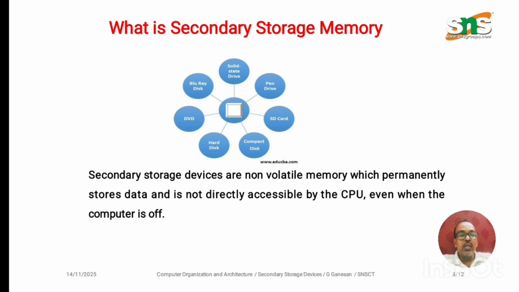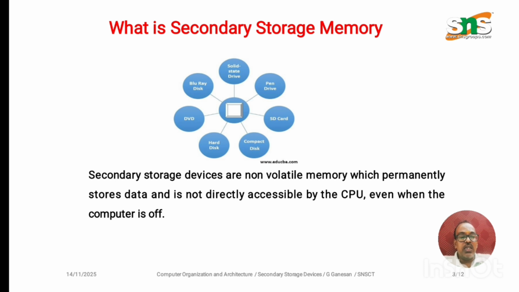Here in the secondary memory, these are non-volatile memory. What is meant by volatile? We can reuse it, we can read and write data from the device. That is called volatile. Non-volatile means it's permanent.